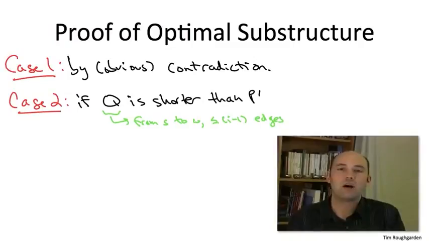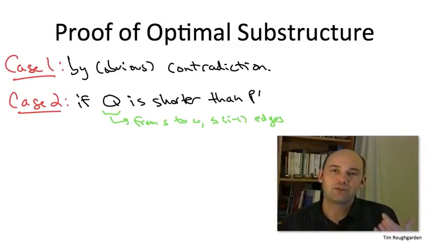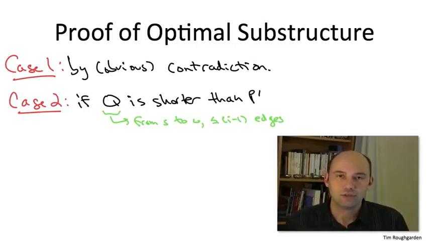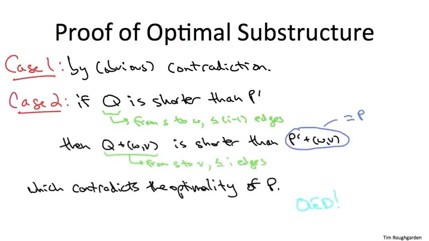Then if we just tack on the final hop of P, that is the edge WV, we get a path that starts at S, goes to V, has at most I edges, and the total sum of edge costs in this path Q plus WV is strictly less than that in the original path P. But that contradicts the purported optimality of P amongst all paths starting at S, ending at V, and having at most I edges. So that's the proof of the optimal substructure lemma.